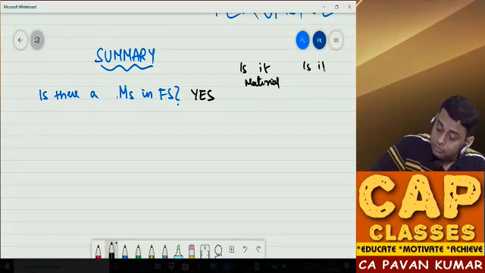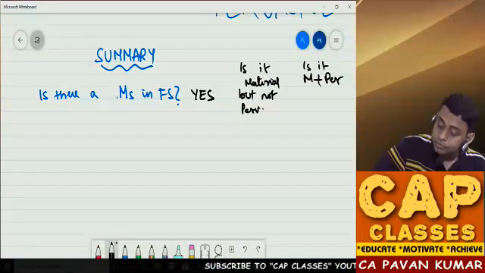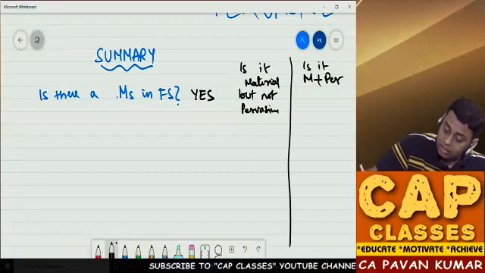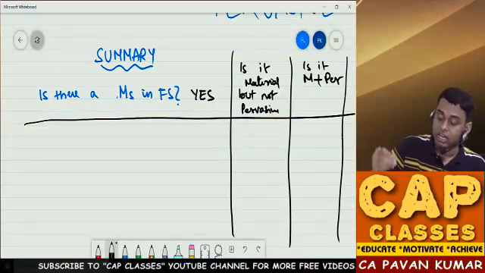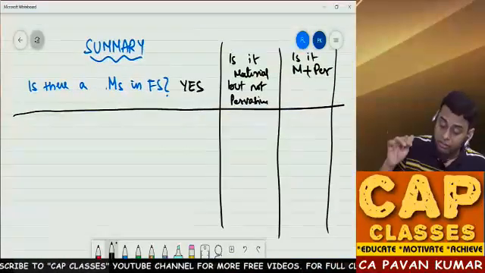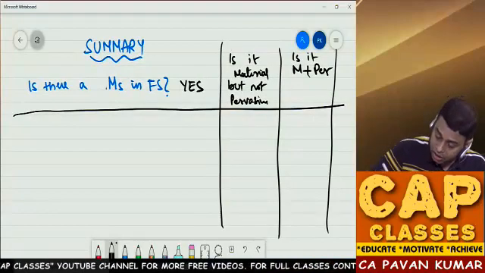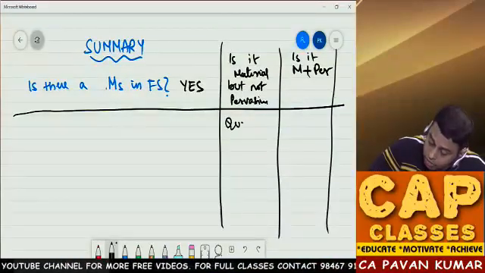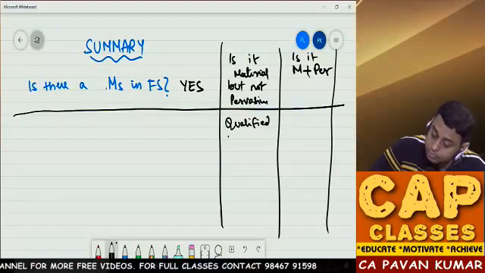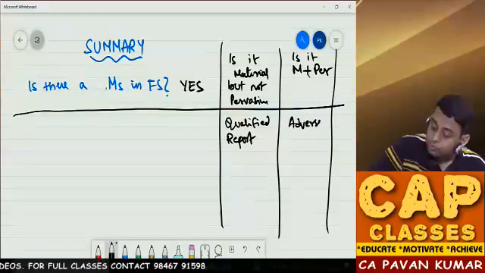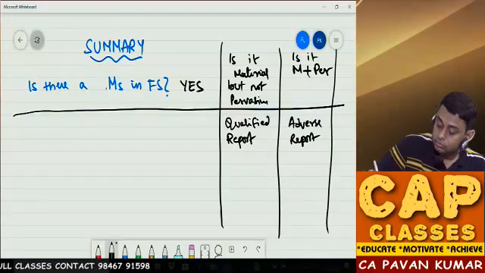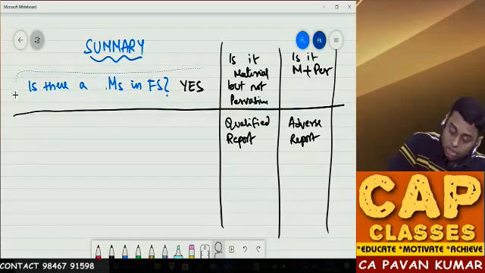Is it pervasive? Is it material plus pervasive? Material but not pervasive. Now you said, yes sir, it is material, but it is not pervasive. In this situation, you give a qualified report. In this situation, you give an adverse report. So try to read the box and understand the content.